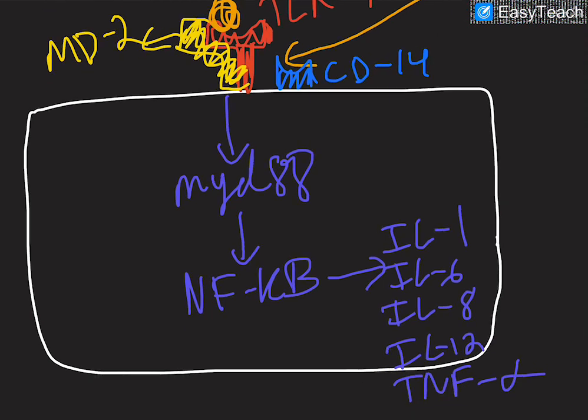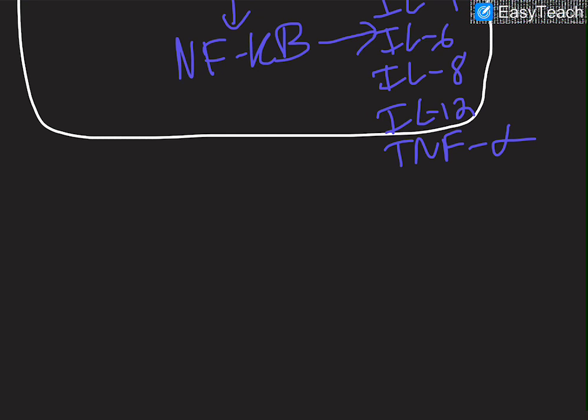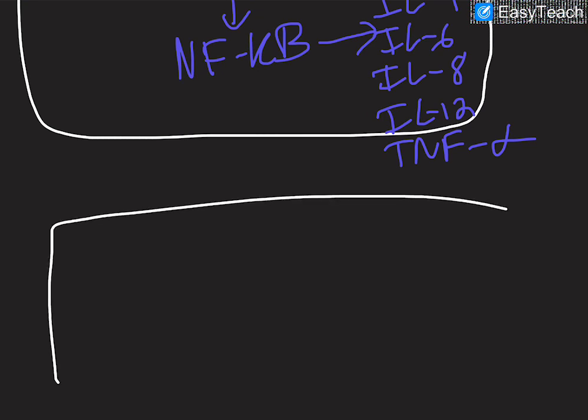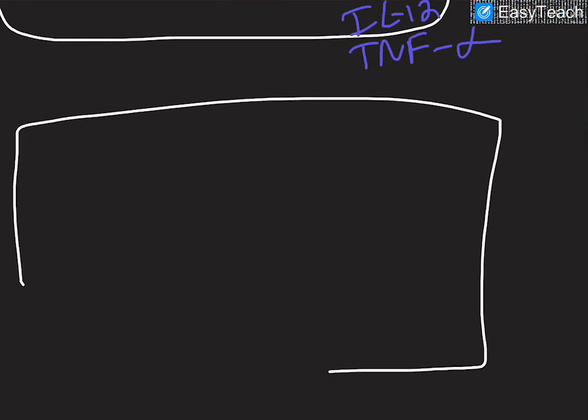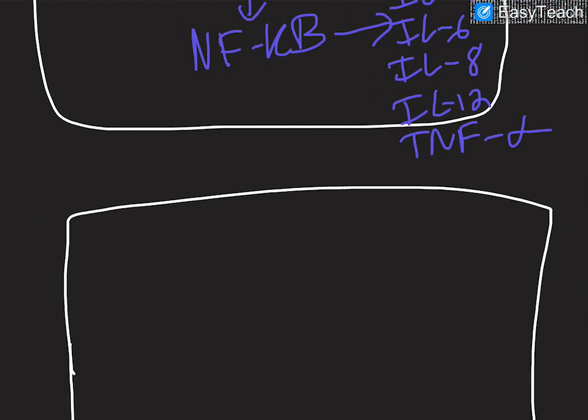So what happens there is, let's say this is another macrophage or endothelial cell, a cell that has our toll-like receptor 4 on it. Let's say toll-like receptor 4 right here gets activated due to lipopolysaccharides.